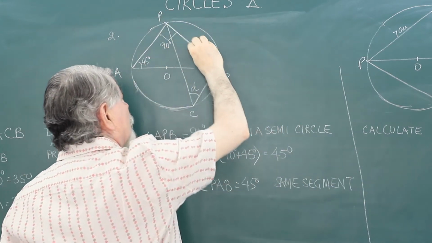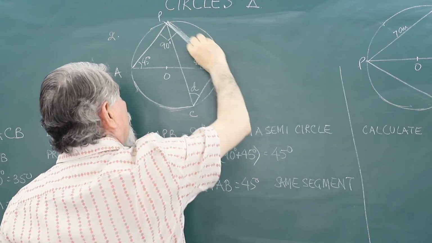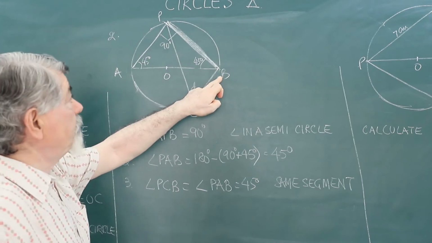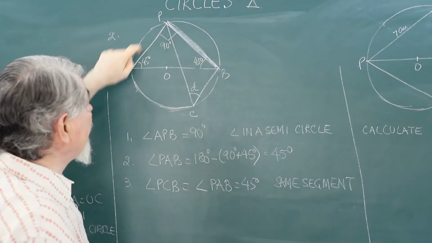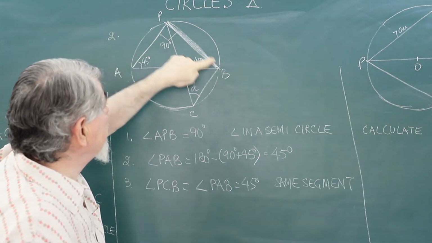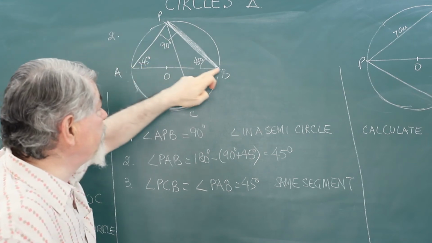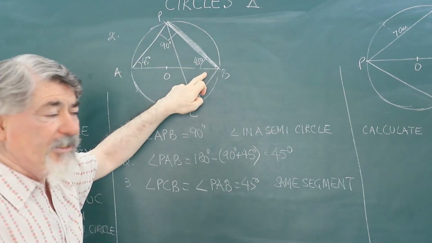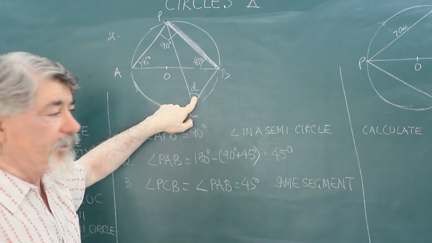This is the chord PB. Chord PB is making in this segment angle PAB and PCB, and both these angles will be equal, and since it is 45, this angle will also be 45.